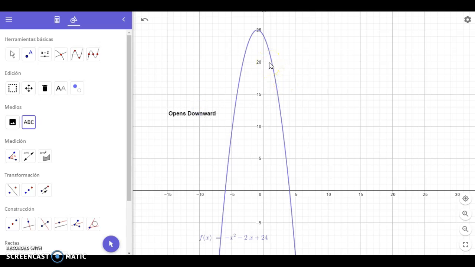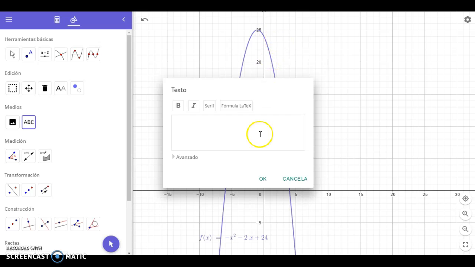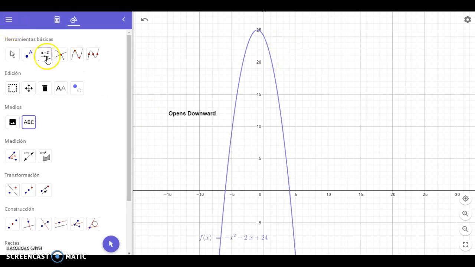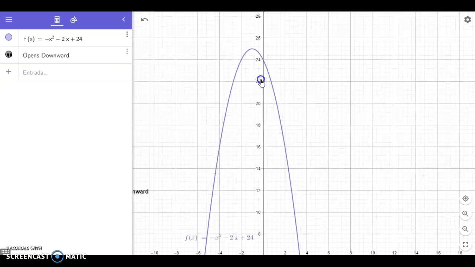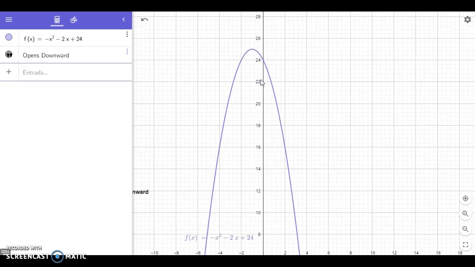Then we're gonna have to find the vertex. So the vertex is where the line stops. Using the formula that we were given by the teacher, the vertex would be equal to minus 1 comma 25.